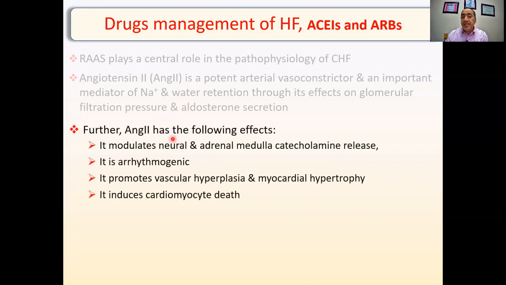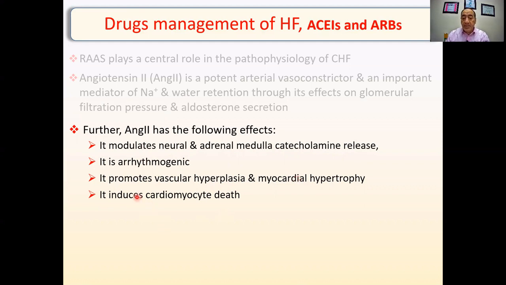In addition, it has these effects. It induces catecholamine release, as we said. It is also arrhythmogenic, causing arrhythmia. It promotes vascular hyperplasia and myocardial hypertrophy. Remember, this is one of the remodeling mechanisms that can contribute to the development of heart failure.